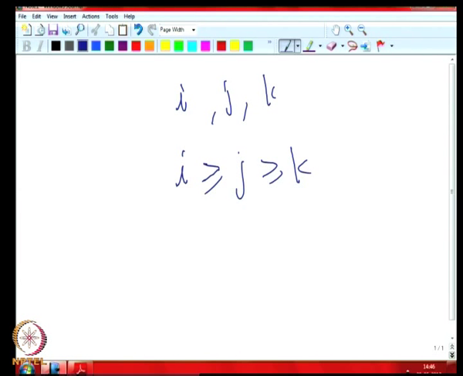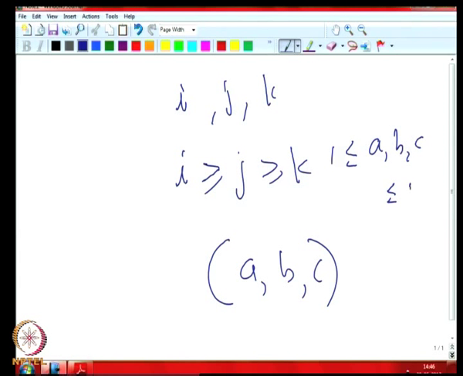So, consider the triple a, b, c, where everything is between 1 and n. Say instead of 20, let us take n.